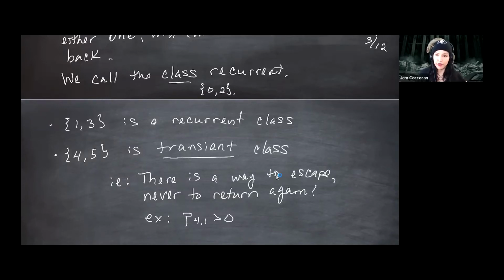I said 0 before, but 1 will also work. And then from 1, we can't get to 4. So let me write that using our notation. I'm going to say 1, the line for communication, but crossing it out. From 1, we cannot get to 4.